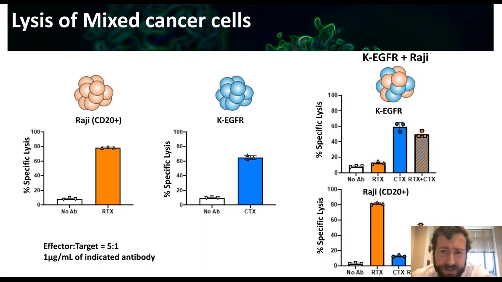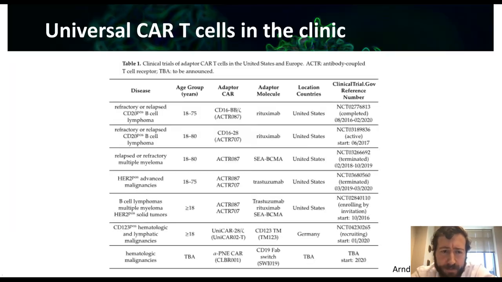And so for next steps, we're advancing our development of the therapy to testing in animal models. And I'm not going to go over those experiments today, but I do want to briefly cover the current status of universal CAR T-cell therapies as they're moving to the clinic. So now, as I mentioned, there are several groups who are developing universal CAR therapies, and they are moving to the clinic.